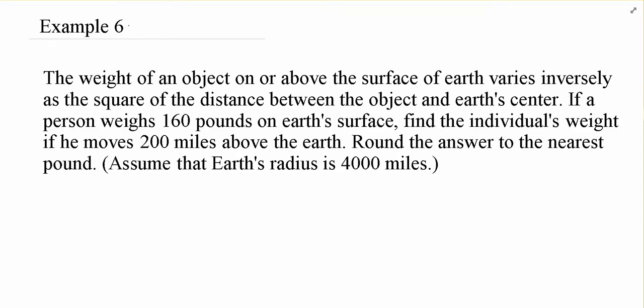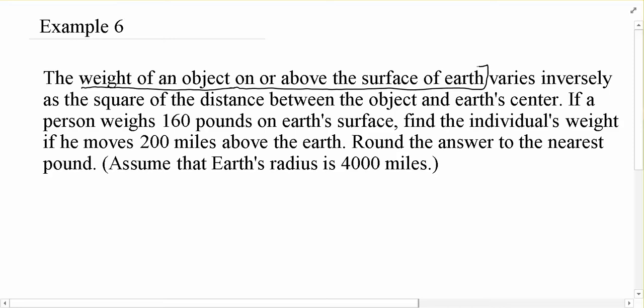Okay, so we read through this and we see the word varies in there, and so we figure, all right, there's definitely some sort of variation going on. Now, you might cheat a little bit in your defining of the variables. You might do something like this and say, hey, all of this here, that's W, the weight of an object on or above the surface of the Earth.